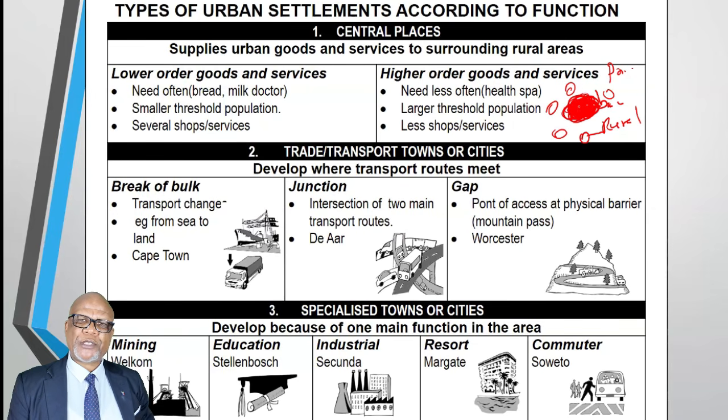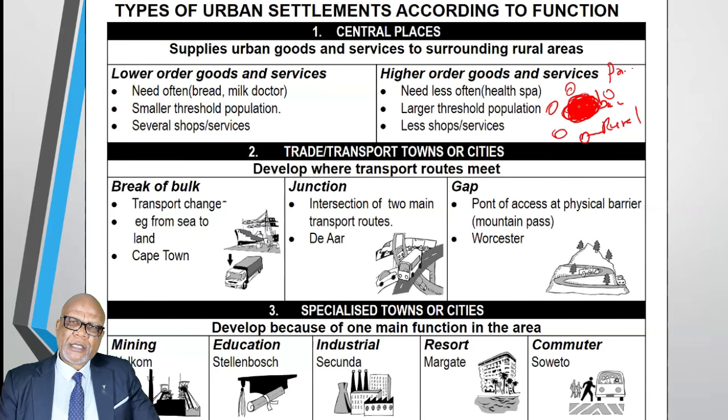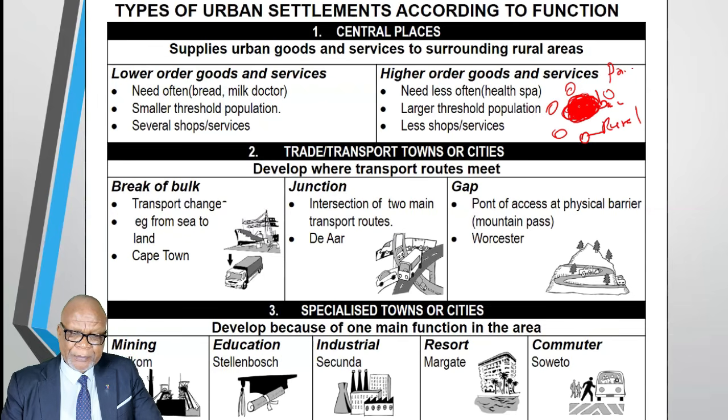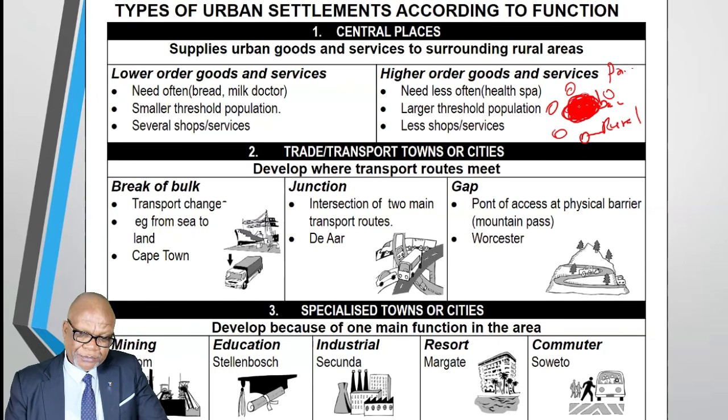So where must they go to get goods and receive services? They must move to urban settlements. So a central place is an urban settlement that provides goods and services to the surrounding rural area. Or you can simply say it provides urban functions. What are urban functions? Urban functions are secondary functions and tertiary functions.